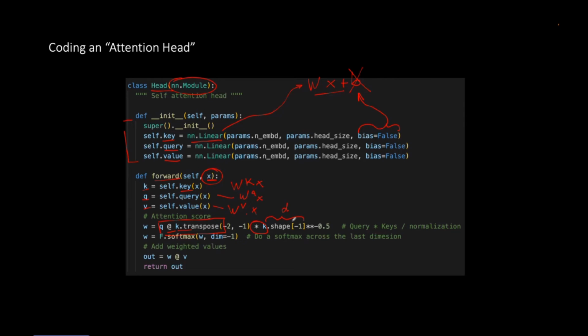This is actually the parameter d, and since this is exponentiated to the 0.5, this is the square root of d. So we are doing the normalization. Then we perform the softmax of that, and then we return the output of this equation. So this is just the code for an attention head.